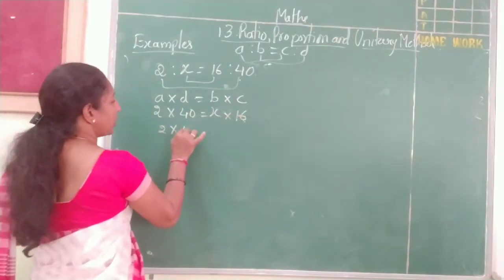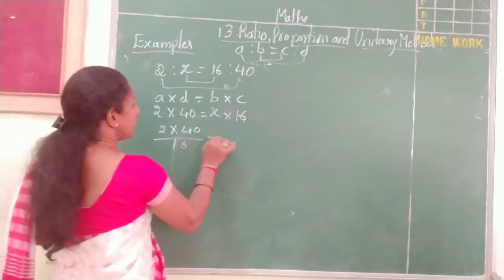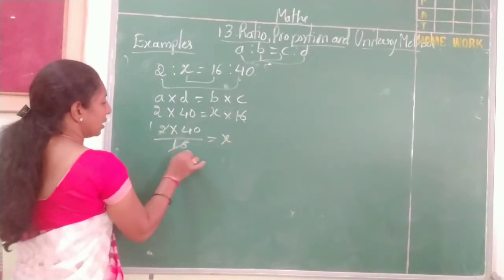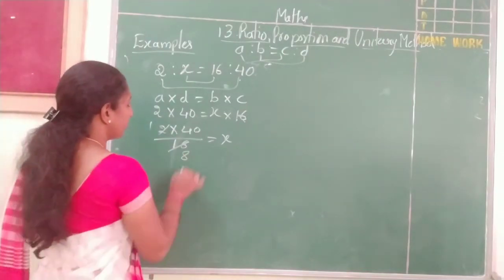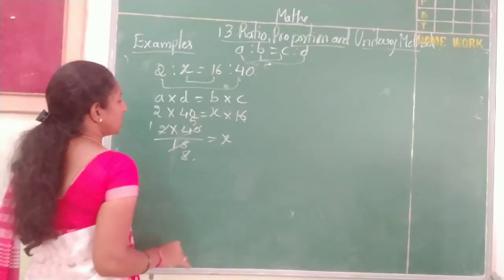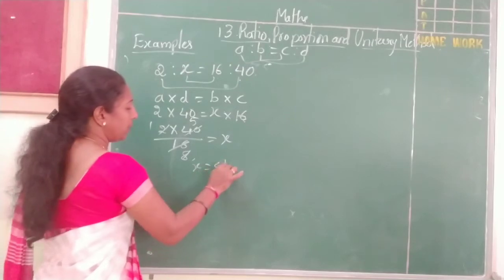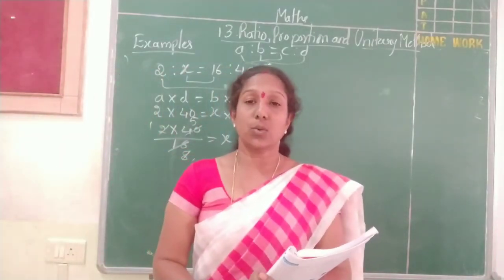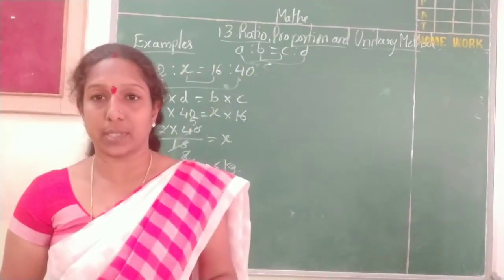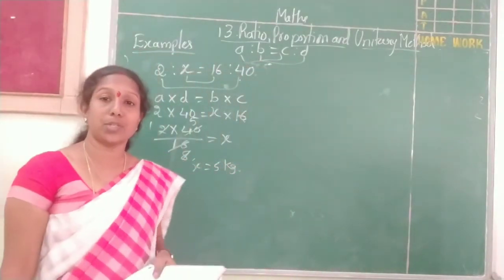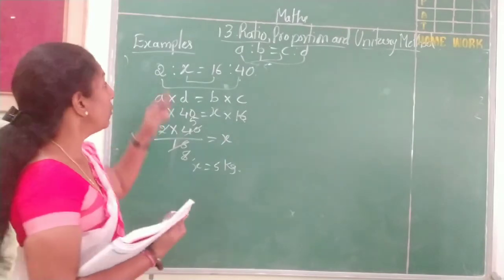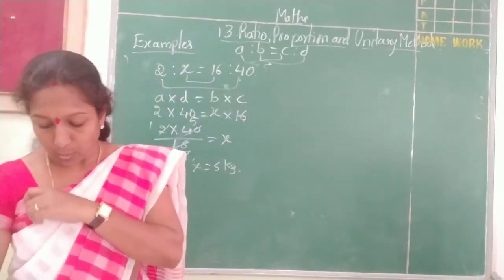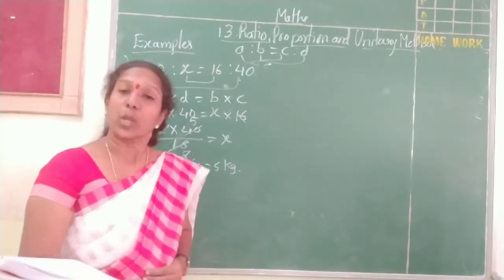So 2 into 40 divided by 16 is equal to x. 2 1s are 2, 2 8s are 16, 8 ones are 8, 8 5s are 40. So x is equal to 5 kg of potatoes they can buy. This is also one of the important points: when you are writing the proportion, you should remember where you have to take x. Okay, now this is about the proportions.